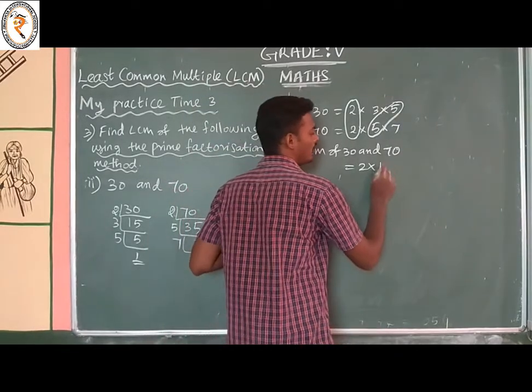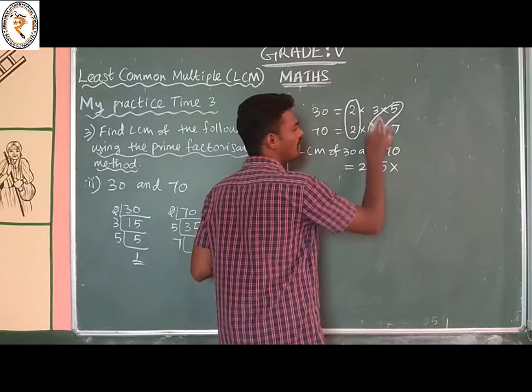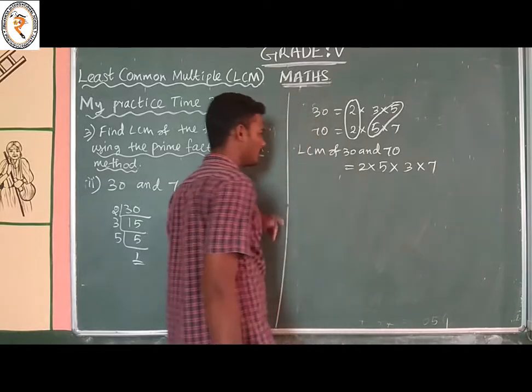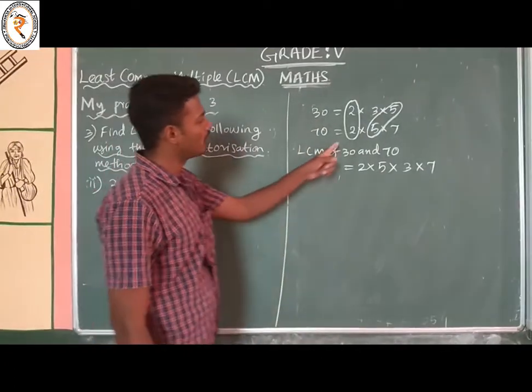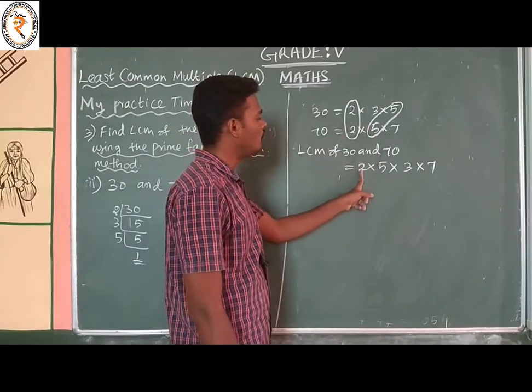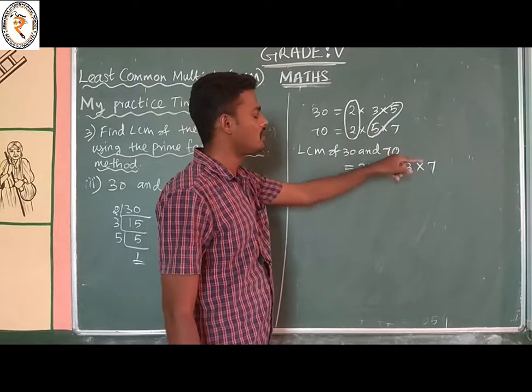So the common numbers are 2 and 5, and the other numbers are 3 and 7. We have two common numbers, 2 and 5. So we can write the common numbers 2 and 5 into the other numbers 3 and 7.